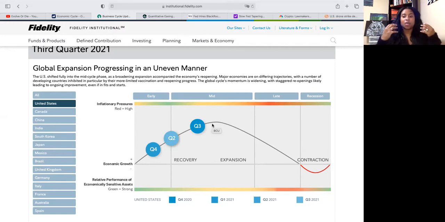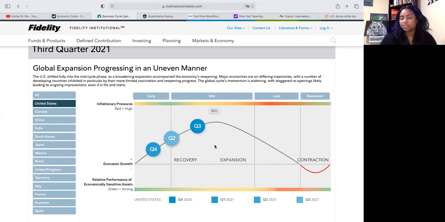So with that positive outlook, with that sentiment of economic recovery and the implementing of the stimulus money, we're seeing the inflationary pressures slightly going up. I think during Q1, that's when the first or the second round of stimulus checks were being released.